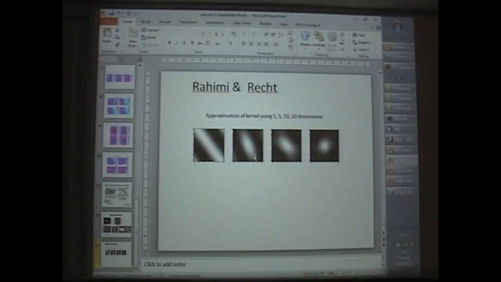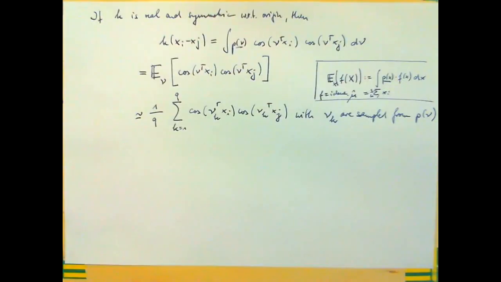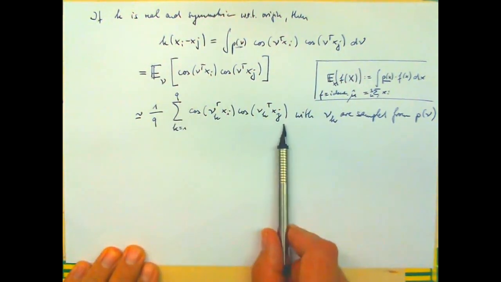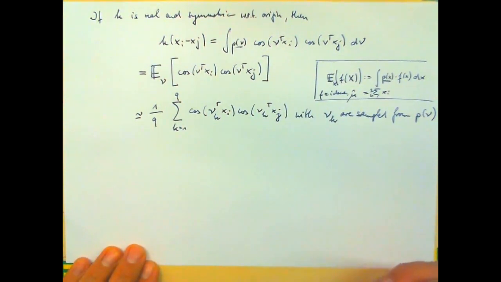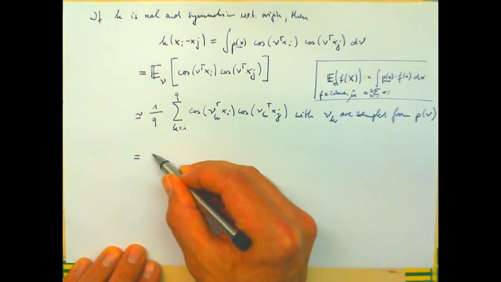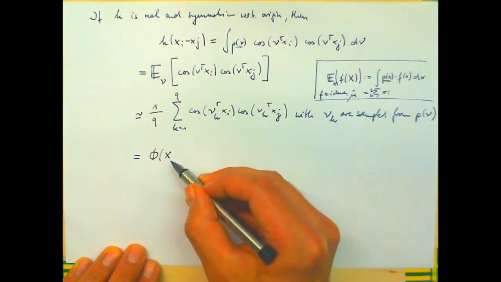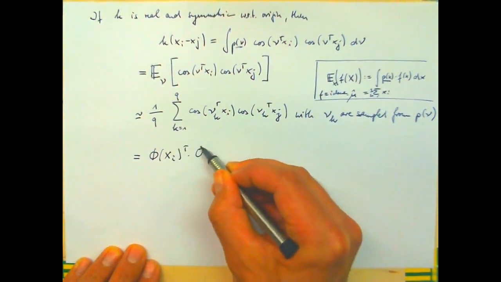All right. Can we go back to the paper, please? What you see here already very much looks like an inner product. So I can say that this is an approximate high dimensional mapping of my point xi and an approximate high dimensional mapping of my point xj.